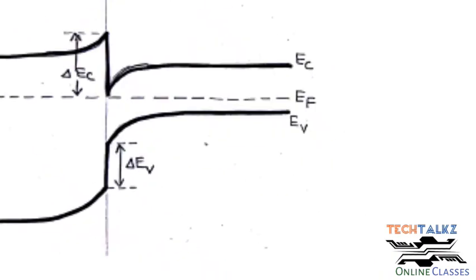Okay. Because of the energy discontinuity, a potential well is formed at the junction. It is triangular in shape and it is called a triangular potential well. So during the charge migration, the electrons will be trapped inside this well. Here, the electron movement is confined. So it is called two-dimensional electron gas or 2DEG.